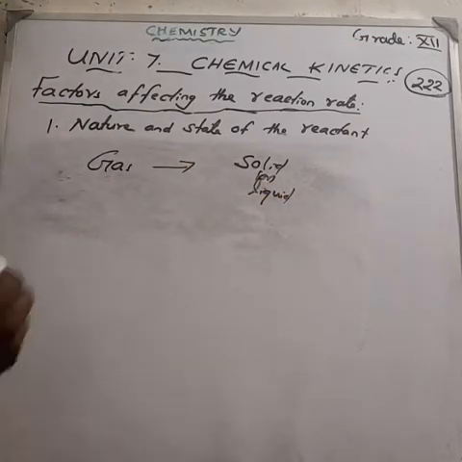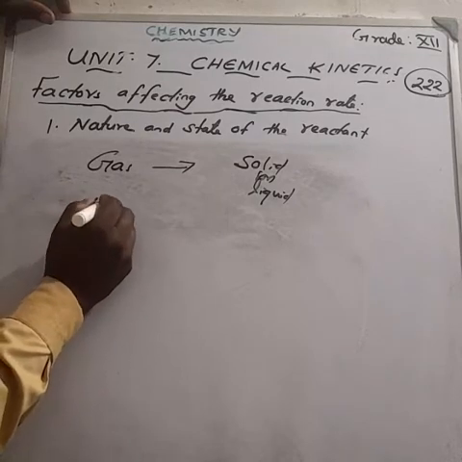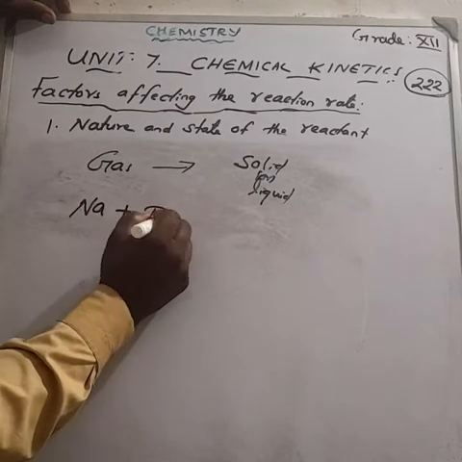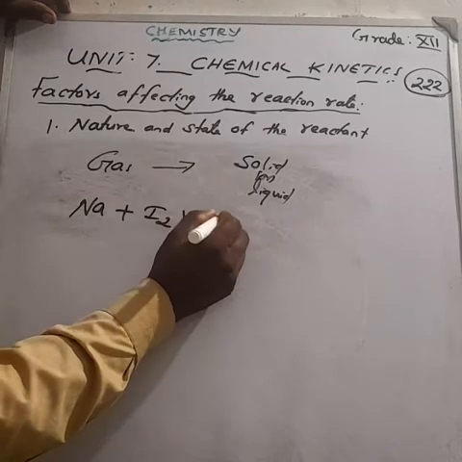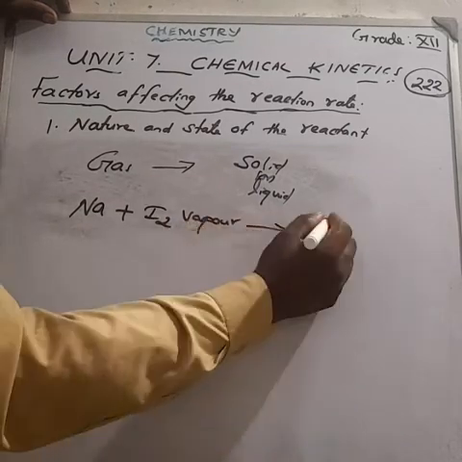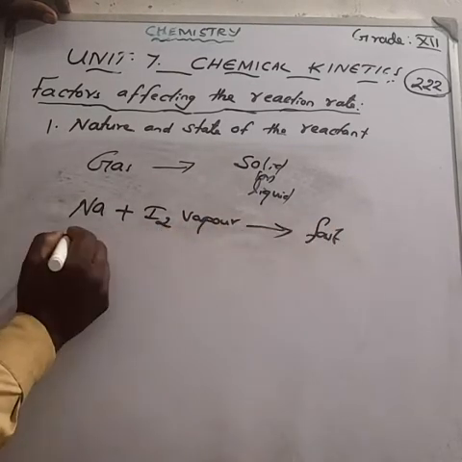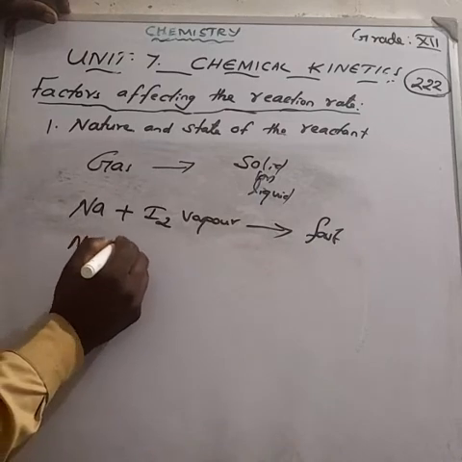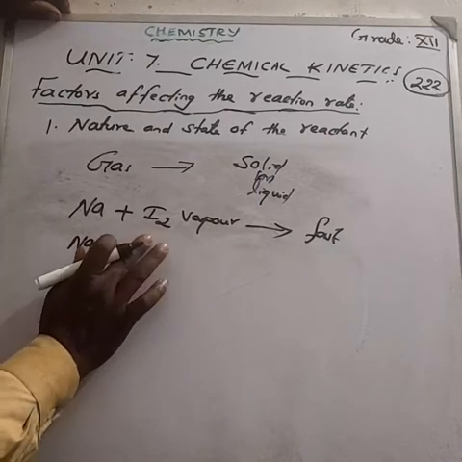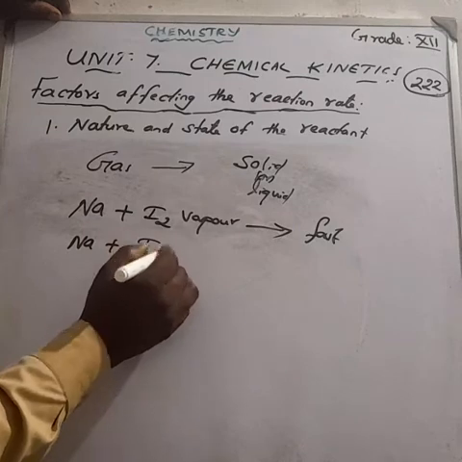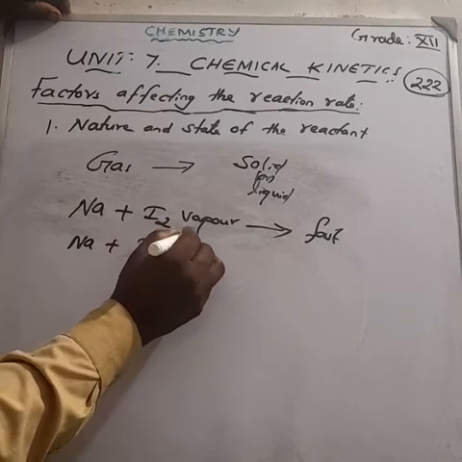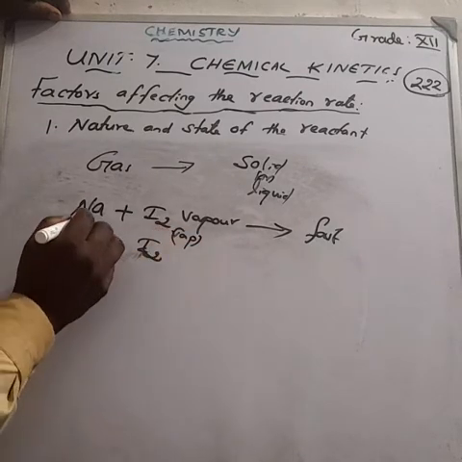For example, sodium metal with iodine vapor is very fast compared with the reaction between solid sodium and solid iodine. The reason is that iodine is a vapor in the first reaction. First we are taking sodium metal with iodine vapor.